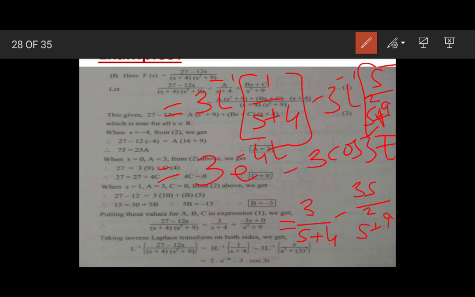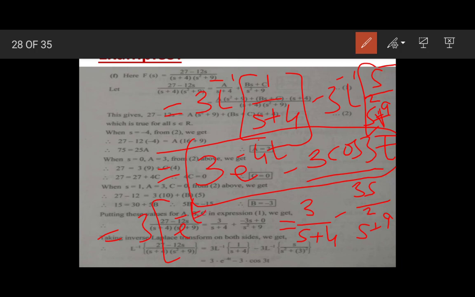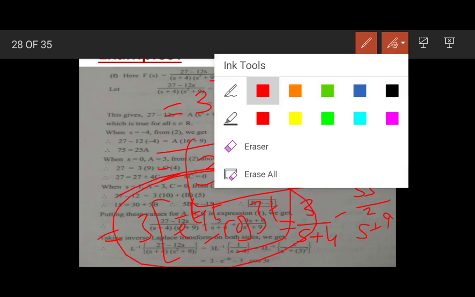Okay. So inverse Laplace is 3 e raised to minus 4t minus 3 cos 3t. You can take 3 common. So 3 into (e raised to minus 4t minus cos 3t). This is the inverse Laplace transform.